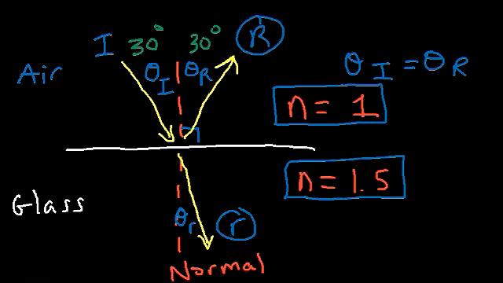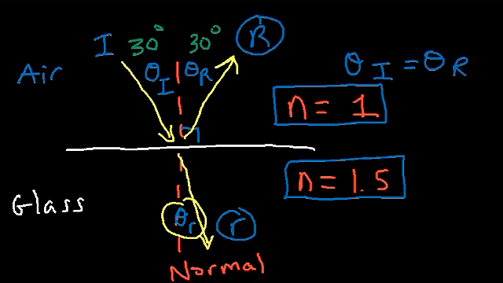As light moves from a low index of refraction to a material with a high index of refraction, the light ray is going to bend closer to the normal line. Therefore, the angle of refraction is going to be less than 30 degrees. We can calculate that angle using Snell's law of refraction.